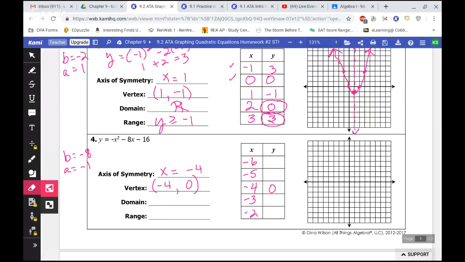Are you seeing the pattern that when I pick 2 of them, either before or after the vertex, my answers are exactly the same for the other 2? So I really only have to do 2 of them?